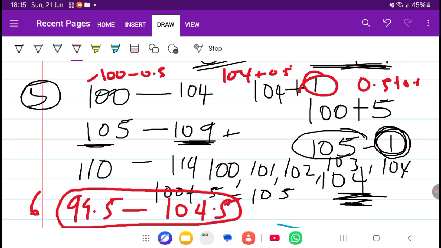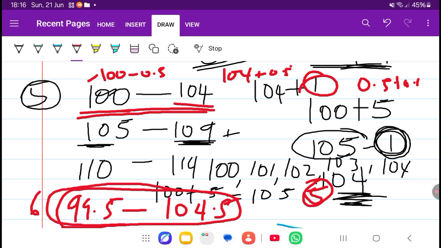class width. You will still get your class width of 5. But remember, if you are using class limits to find the class width, we always use the class boundary if you are to use the classes.